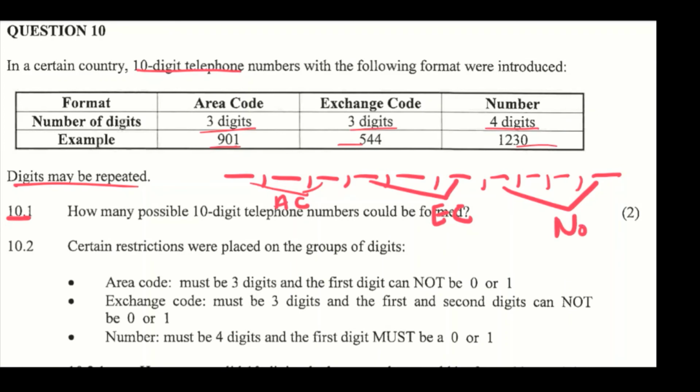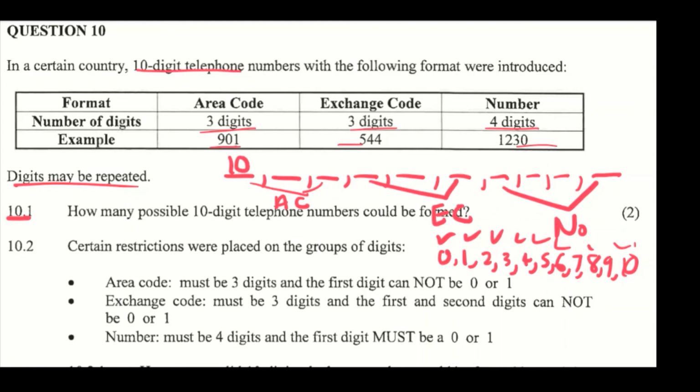So what we know is that the number of digits is 10, right? So you have 10 digits in general, right? So for us to solve that, the first number of digits for this telephone number is going to be 10.